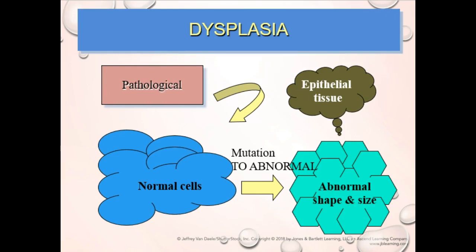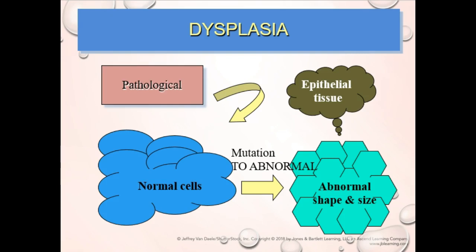Dysplasia. Excuse me. So normal cells become an abnormal shape and size. So we can see this with epithelial tissues. I think the most common one that we'll see this is precancerous changes in the cervix.